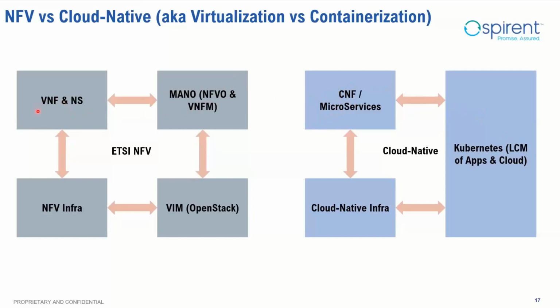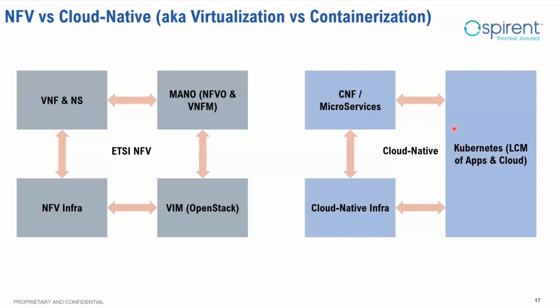Just watch the names. Here it is VNF, virtual network function. Here it is CNF, container network function. All microservices application. Here it was a big fat VM. Here it is microservices. It's small, very flexible, and very modular versus one big fat VM.